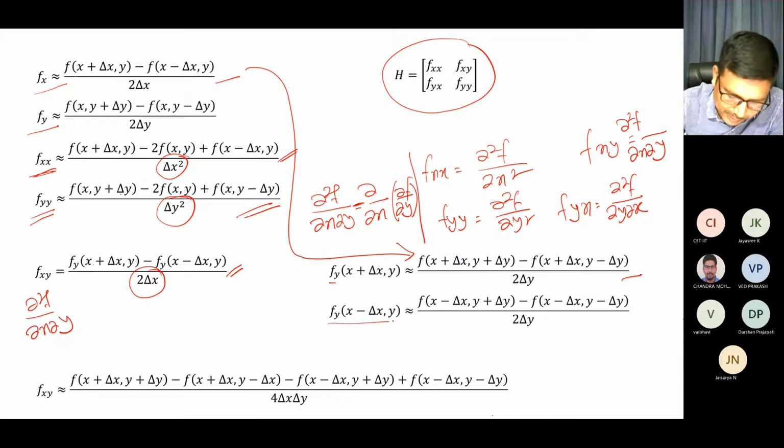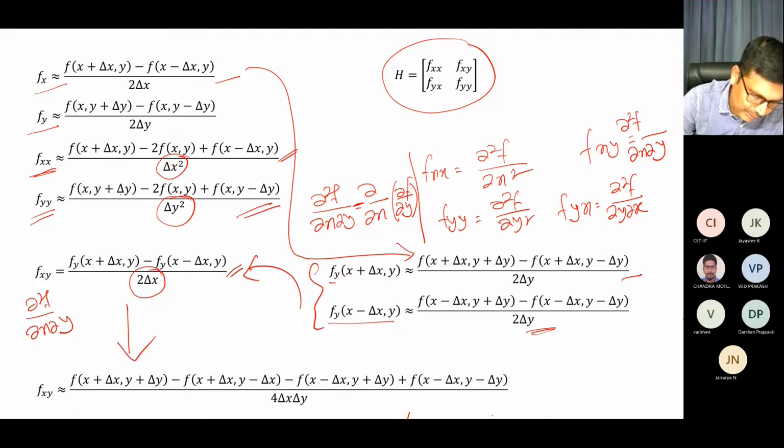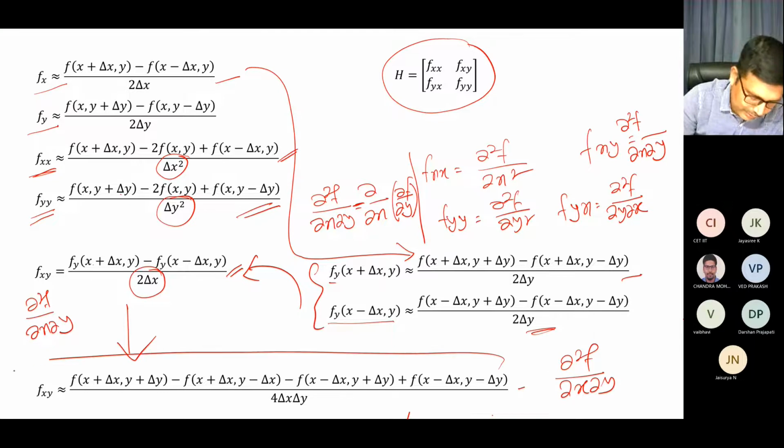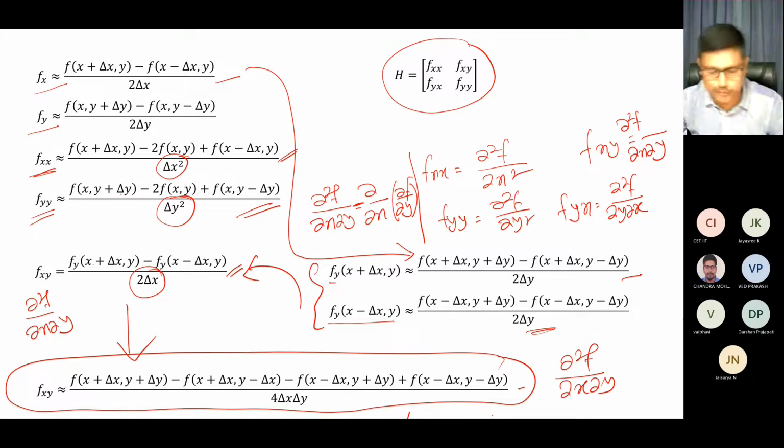And similarly I can write fy at x minus delta x, y. If I put these two in this particular equation, finally I'm getting this equation, and this is the second derivative, that means del square f by del x del y.